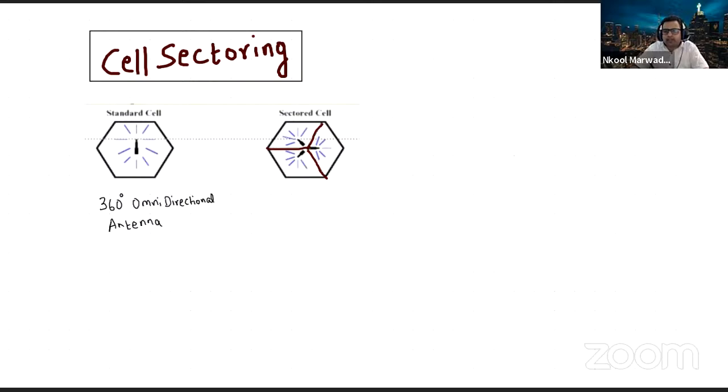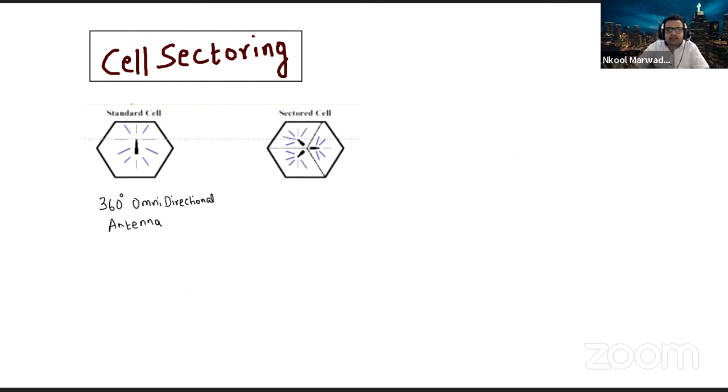So the coverage area of each antenna will be only this much region. This is known as cell sectoring. Instead of using a single powerful antenna, we create sectors in a cell, and every sector is equipped with a base station.